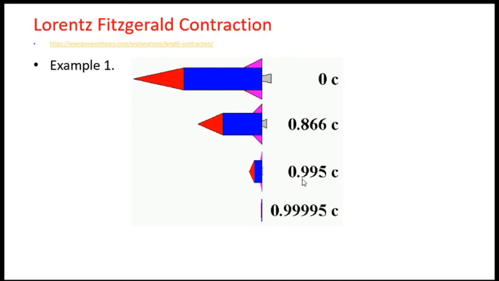If you increase the velocity to 0.995 times c, it has further decreased. If you further increase the velocity, then the length of that rocket has further decreased. So this is an example of length contraction, as an object moves with a velocity comparable to the speed of light.